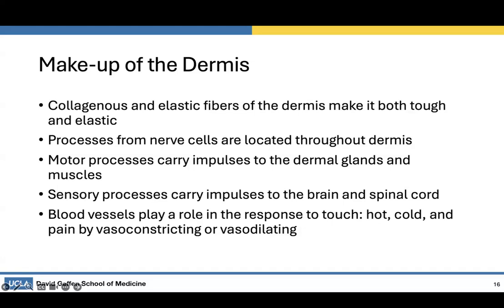The blood vessels of the dermis play an important role in the body's response to touch, hot, cold, and pain by vasoconstricting or vasodilating in response to stimulation from the autonomic nervous system, aka the sympathetic and parasympathetic nervous system.